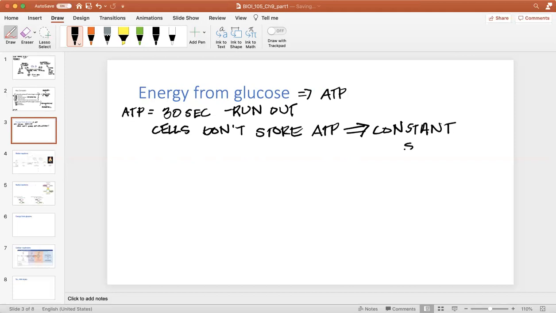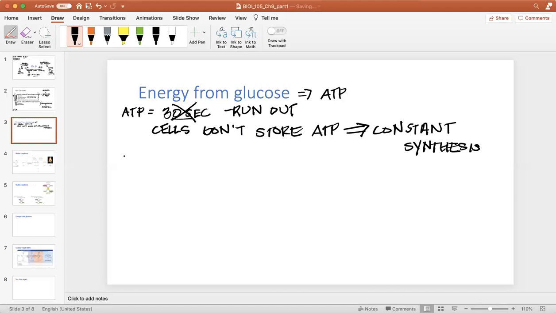Constant synthesis. Okay, these guys are always making ATP, because if they didn't, after 30 seconds, your cell would be out of ATP and the cell would die, right? So in order to avoid this, we are constantly making ATP, okay?